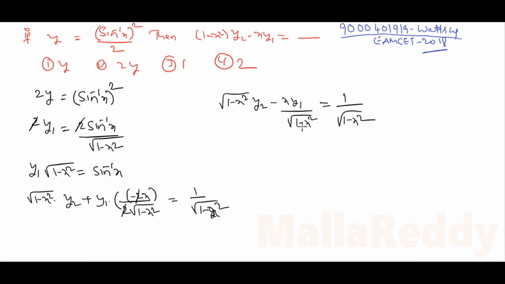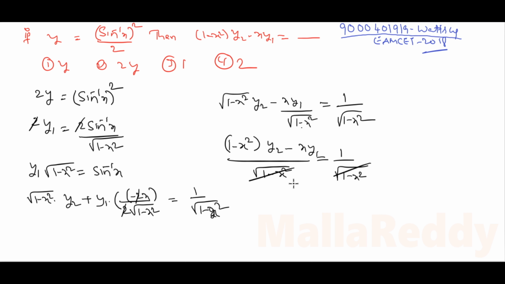Take LCM, that is root of 1 minus x square into root of 1 minus x square, that is 1 minus x square, into y2 minus x y1 by root of 1 minus x square is equal to 1 by root of 1 minus x square. Both sides root of 1 minus x square is cancelled, that is (1 minus x square) into y2 minus x y1 is equal to 1. Answer. Third option is correct.